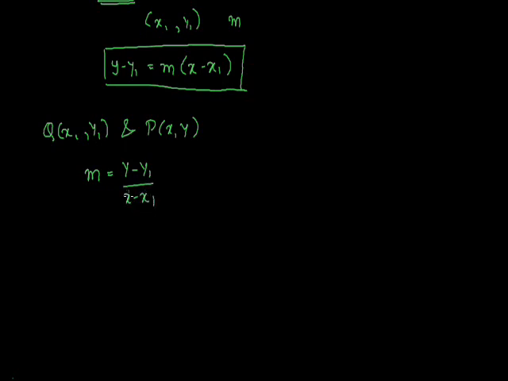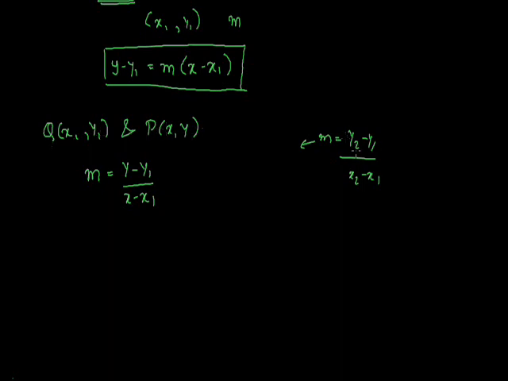As per our formula of slope, we know that if the line passes through 2 points x1 y1 and x2 y2, we have slope is equal to y2 minus y1 upon x2 minus x1. The same formula I am going to apply over here, where the coordinates of 2 points on our line are Q of x1 y1 and P of x y.